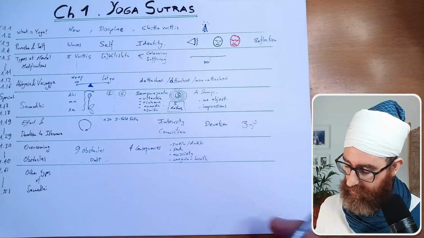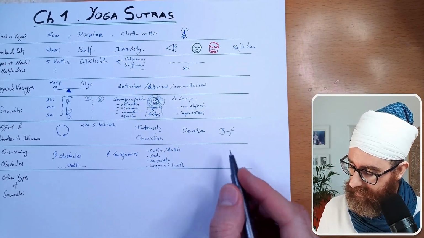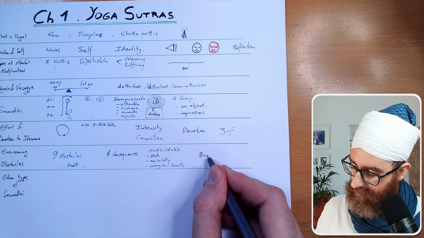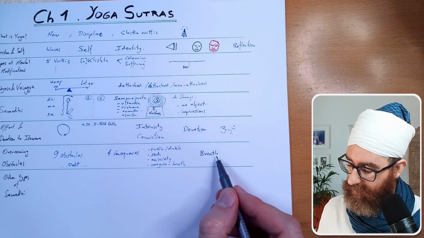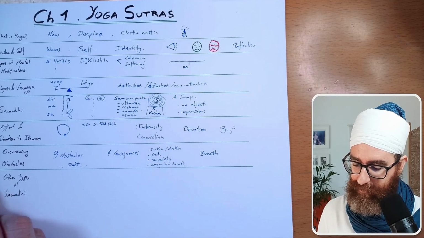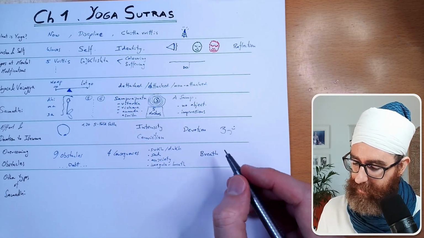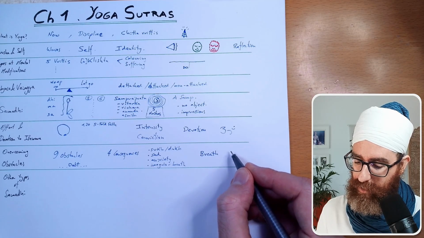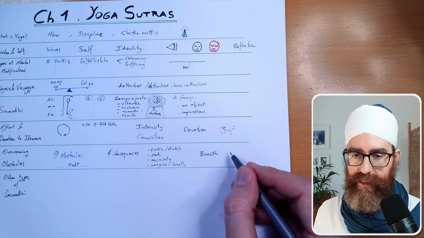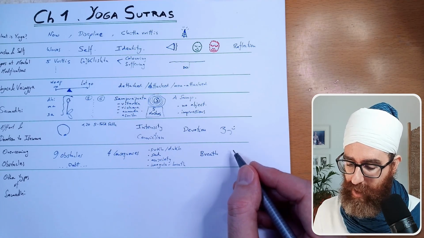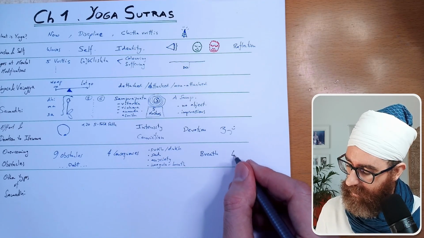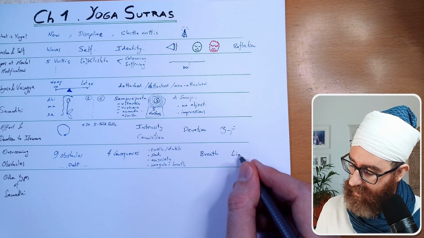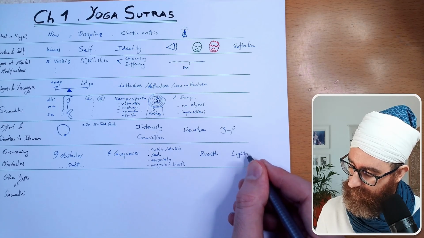So he's telling us the importance of the breath, and how, from 1.35 to 1.40, the breath is going to help us deal with our sensory experiences and not get attached to them. And if we go beyond the level of the sensory experiences, we're going to see and relate to the inner light.